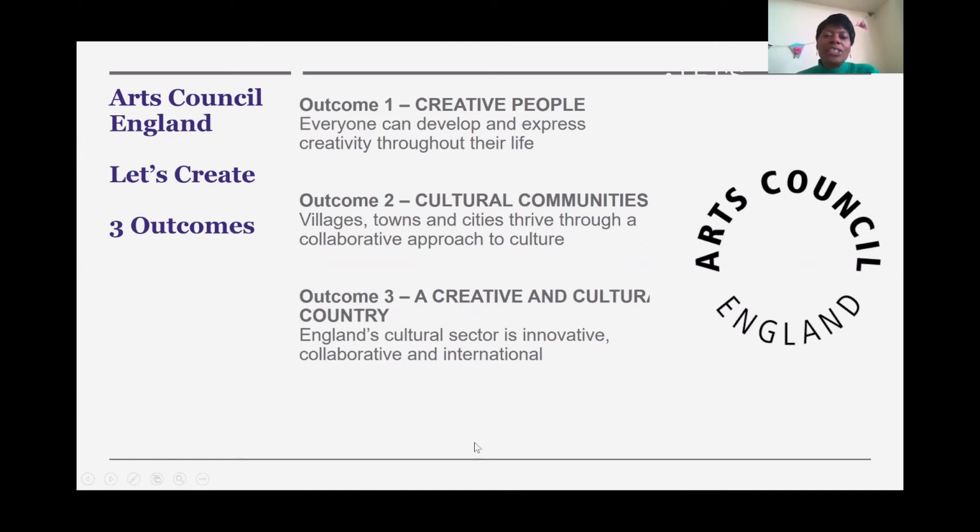So our strategy has 3 outcomes: creative people, cultural communities, and a creative and cultural country. A bit of it has been knocked off by our Arts Council logo. By creative people, we mean that everyone from all backgrounds and with different protected characteristics is able to be involved in creative activities, and ensuring that individuals also have the opportunity to enter and sustain a career in arts and culture.